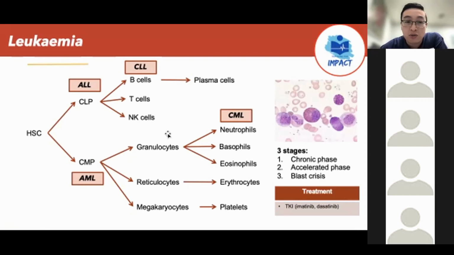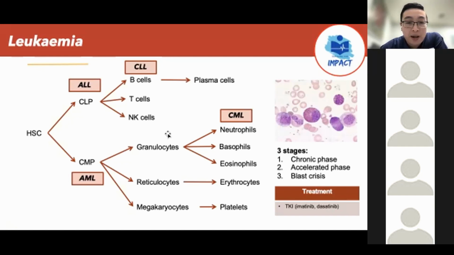And then where you're really screwed is if the CML goes into blast crisis, which is a condition resembling acute leukemia, in which the myeloblasts proliferate in an uncontrolled manner.